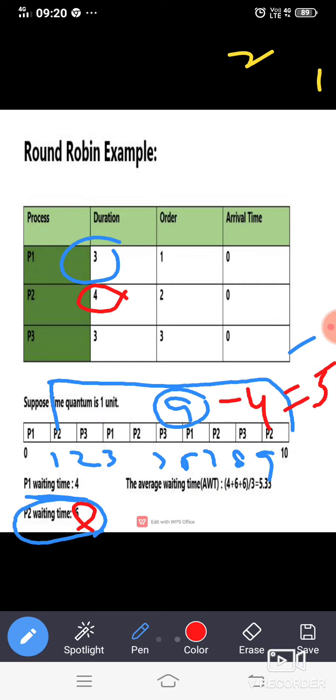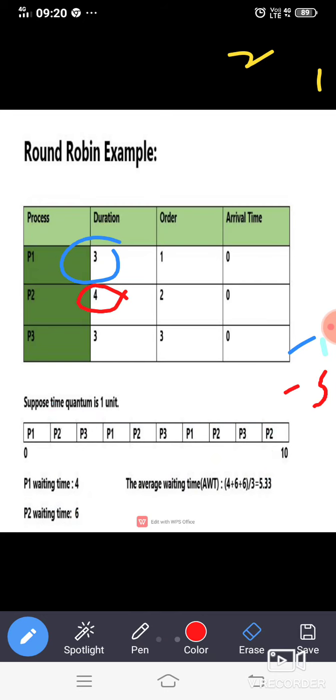So you don't take this, you take P2's waiting time as 5 only. Okay, so just like that we can calculate the waiting time of all the other processes. Whenever you calculate the waiting time of each process, P1's waiting time is 4, and P2 and P3's waiting time has been given as 6, right? So let us see.